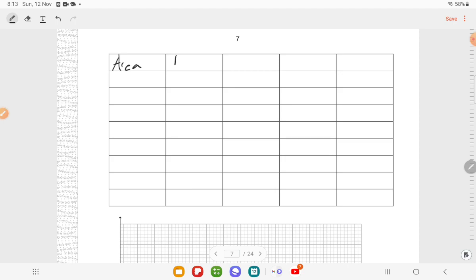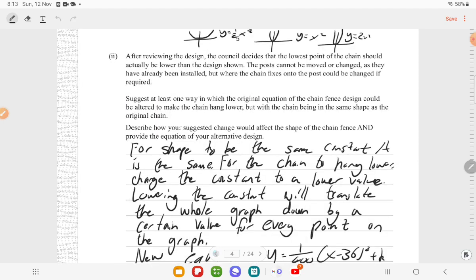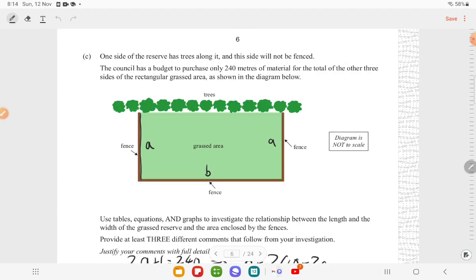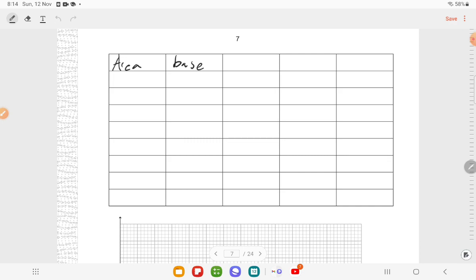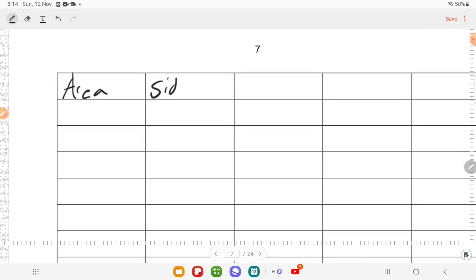This is the base, this is side A, side B.